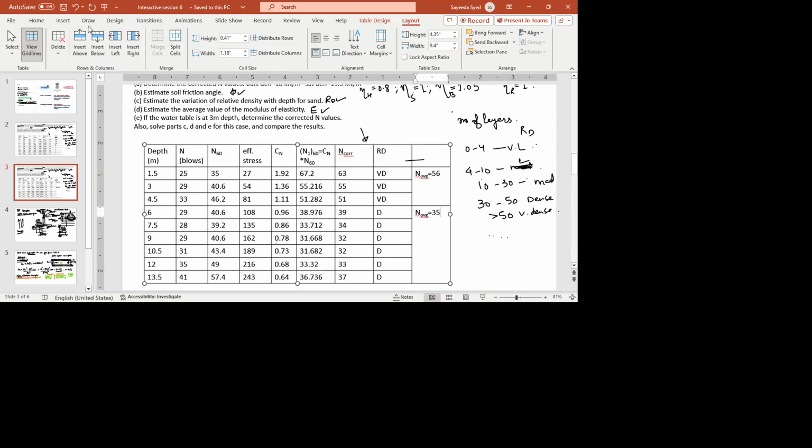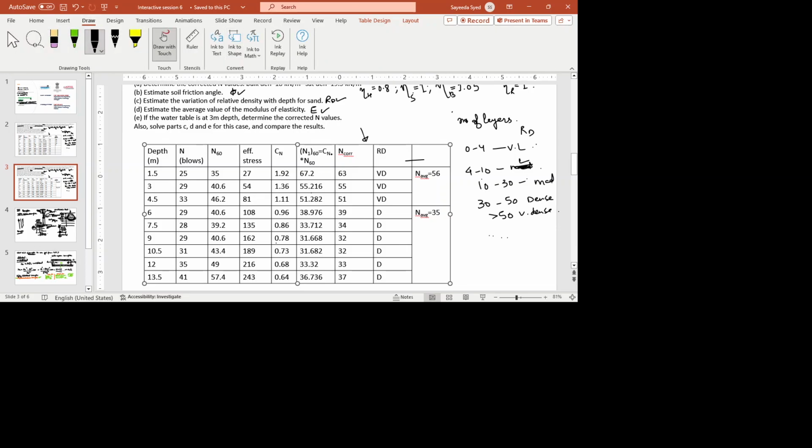Let me write it here. So this correlation is given by Peck et al. We have two correlations. One is given by Peck and the other is given by Schmertmann. Actually, there are three.